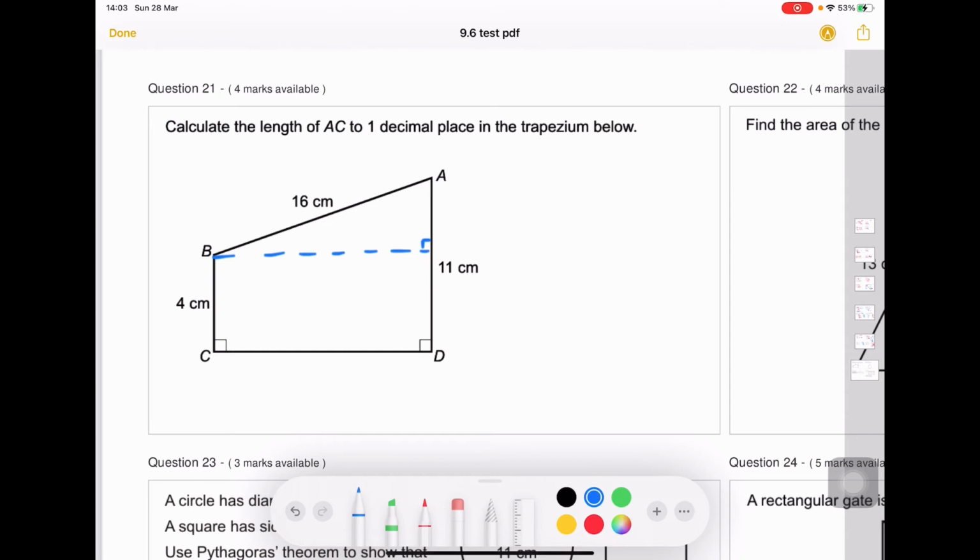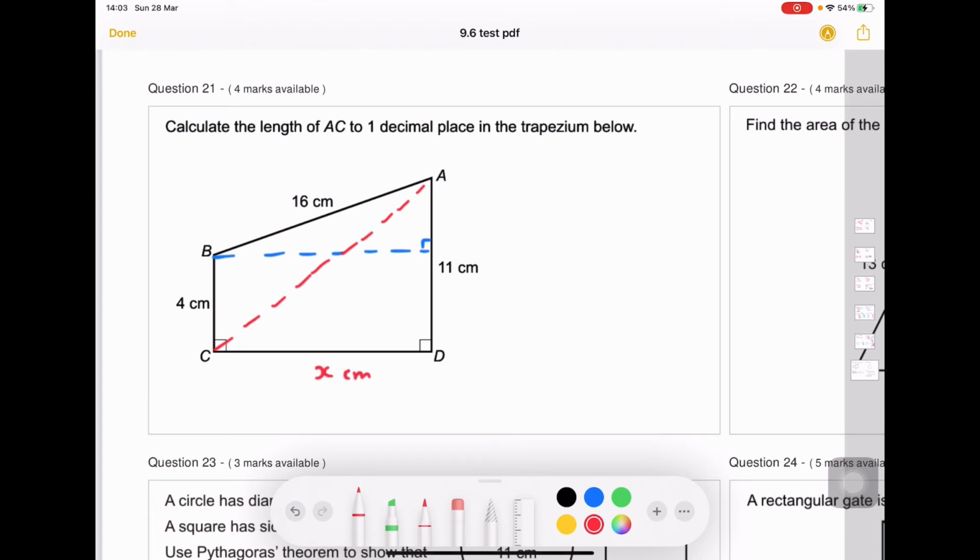Now I know, so AC, which one is that? Okay, AC is this line. So in order to work out AC, we need to know the length of CD.